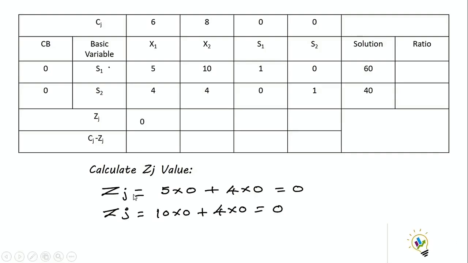In the same way, for the second one, 0 into 10 plus 0 into 4. We get 0. In the same way, we need to calculate Zj value for all other variables. So in the initial simplex matrix, we have Zj value as all zeros.